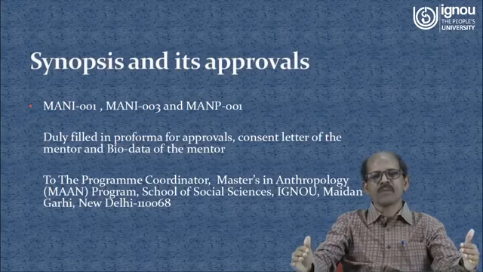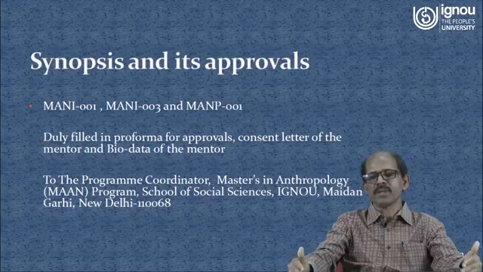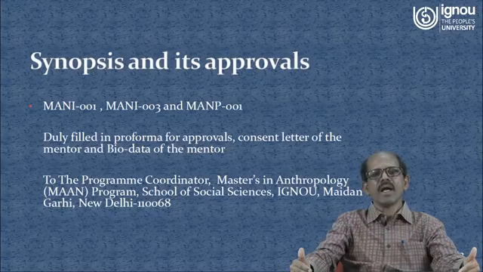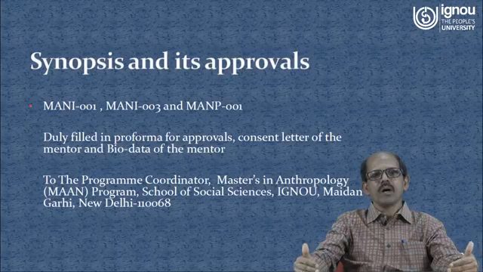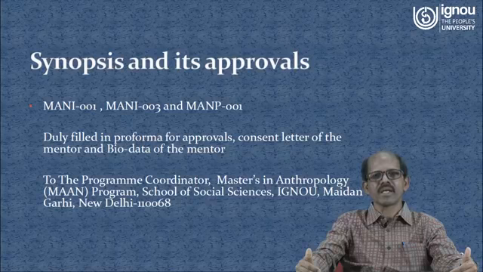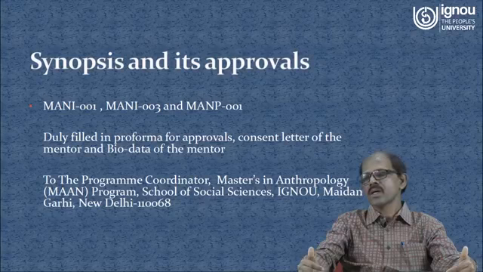There is a proforma in the project manual. Take a printout or photocopy of that and get it signed by your mentor. Finally, we request you to provide simple biodata of the mentor, because we want to understand his qualification, his research background, where he is working, and if he is not working, his freelance place and all that.